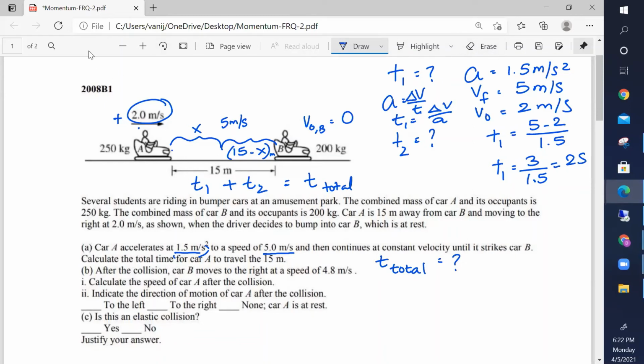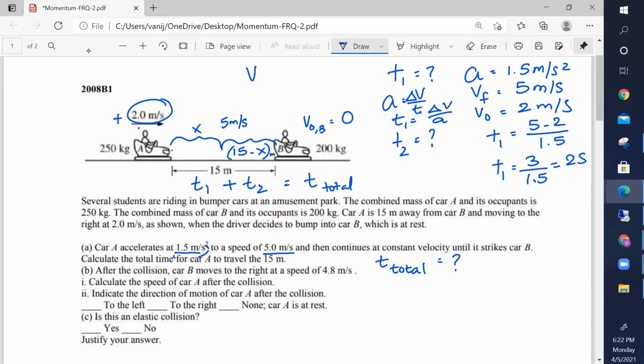How are we going to find T2? If I can figure out x, then I can figure out 15 minus x. And if I can figure that out, I know that for that distance of 15 minus x, the car is traveling with a constant speed of 5 meters per second.